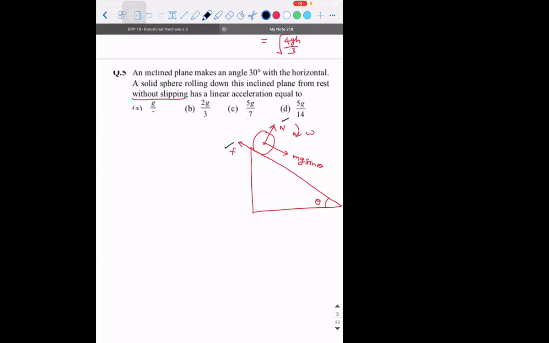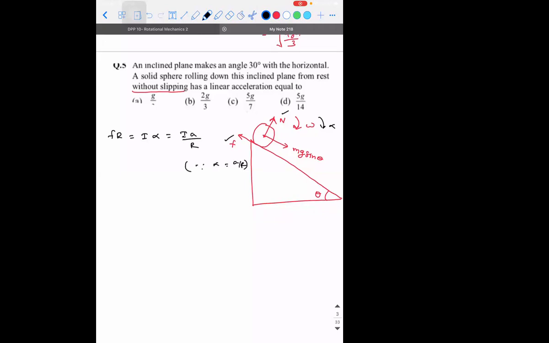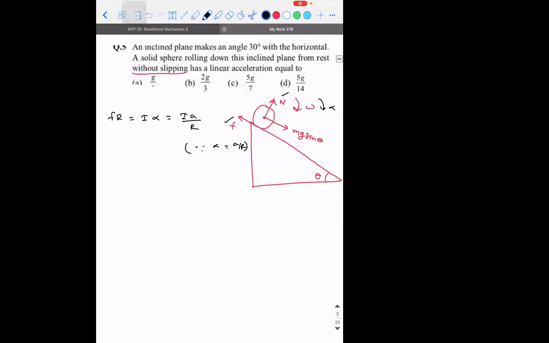So friction is the only force that is going to provide the necessary rotational torque. So the torque produced is F into R is equal to I into alpha, where alpha is the angular acceleration, right? But alpha is nothing but A divided by R, where A is the acceleration of center of mass.